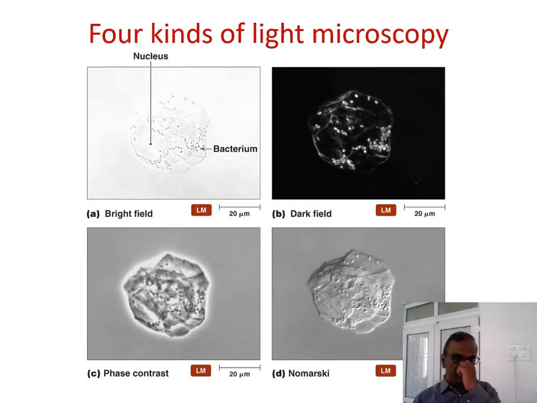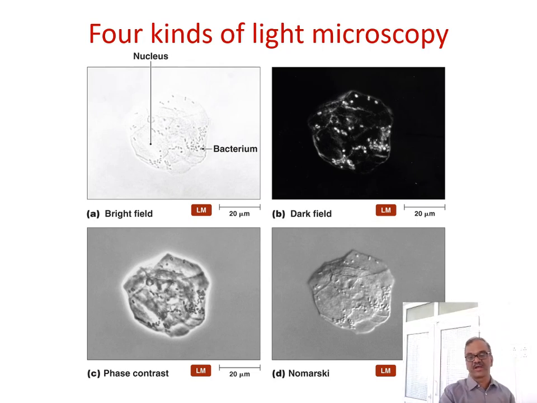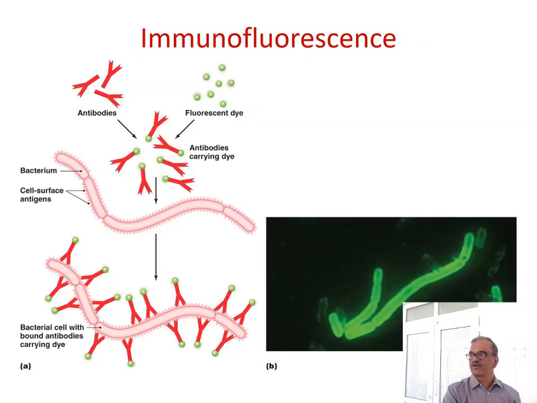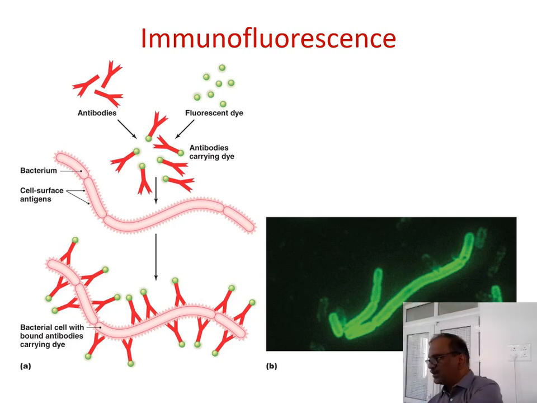Okay, so 4 kinds of light microscopy in that: bright field, dark field, phase contrast, as well as fluorescence microscopy. You can see the variations between them. Okay, then immunofluorescence also. Here the fluorescent dye is added to the antibody. Then wherever the antigen is present, the antibody goes and binds. So what happens after binding? That part gives the fluorescence.